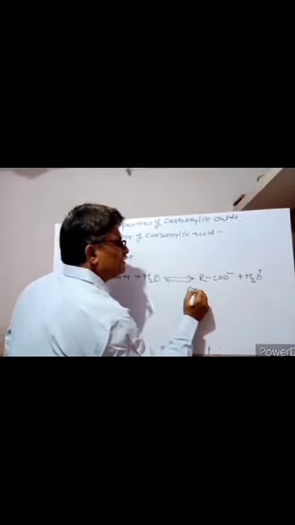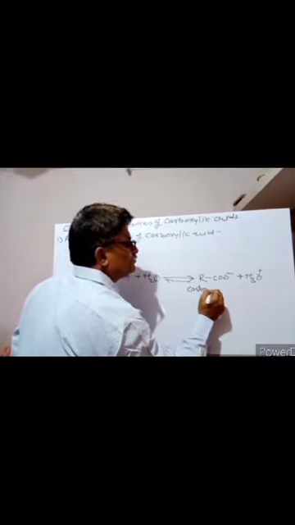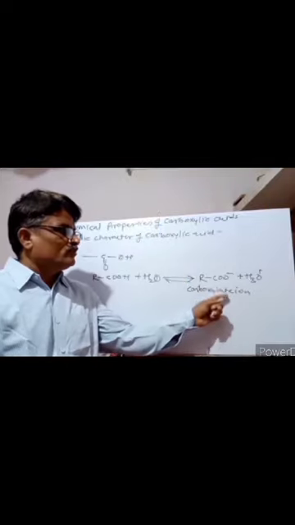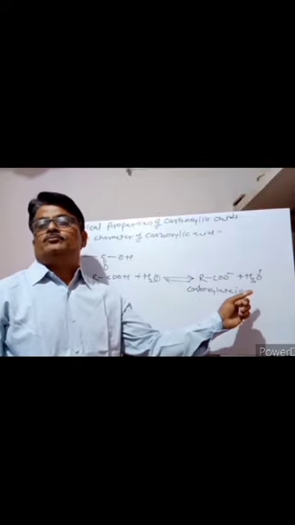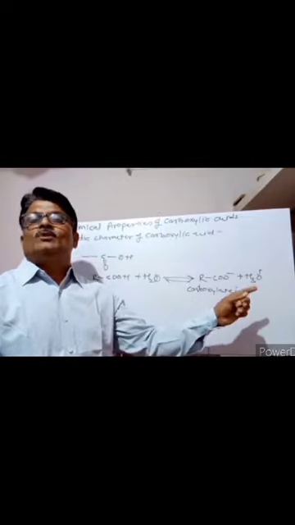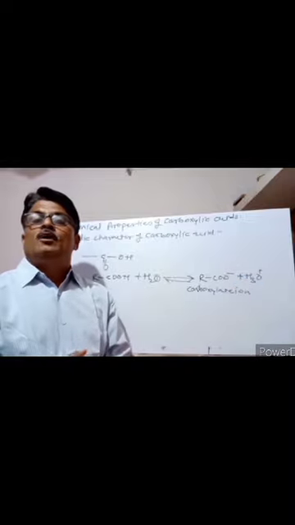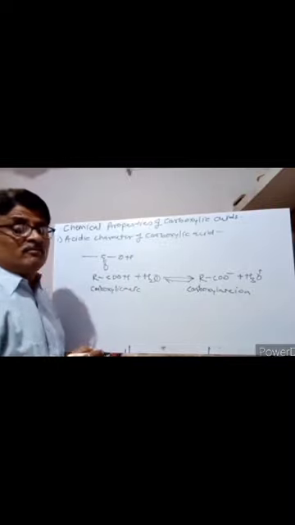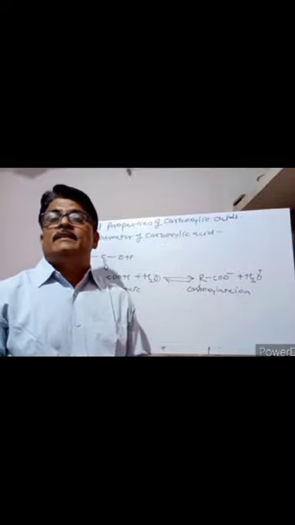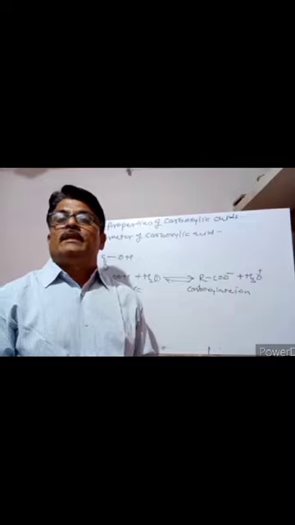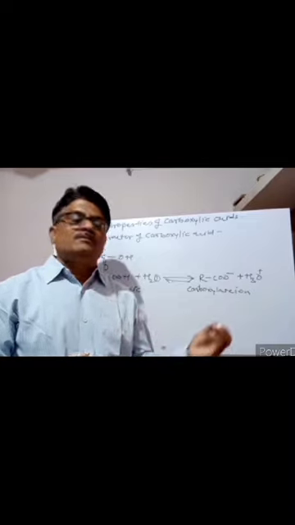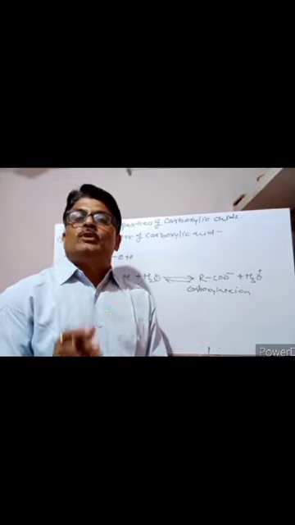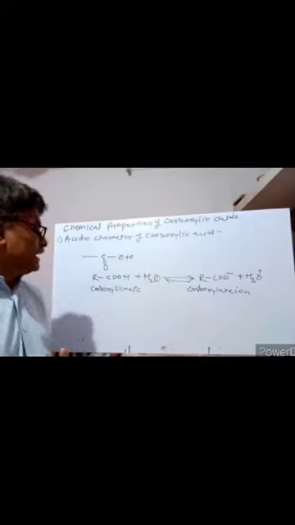This is called a carboxylate ion, formed by donating a proton to a water molecule, called a hydronium ion. This is responsible for the acidic property or acidic character of carboxylic acid. This carboxylate ion is stabilized by two resonance structures which are shown like this.